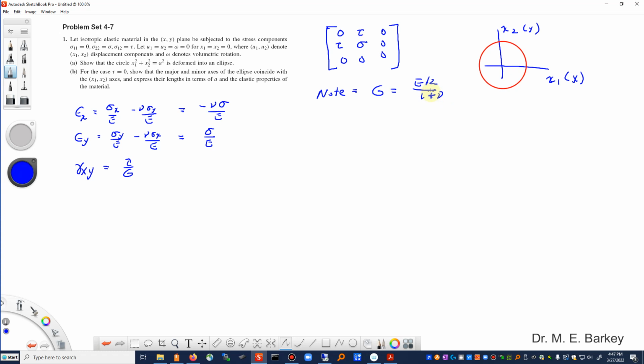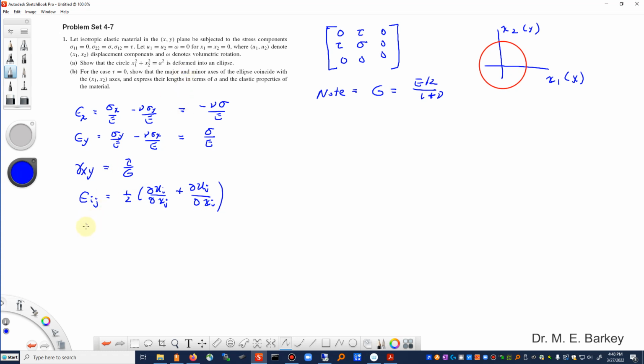Now we need to look at strain displacement. In general, for small deformations, epsilon ij is equal to 1/2 partial of ui with respect to xj plus the partial of uj with respect to xi.